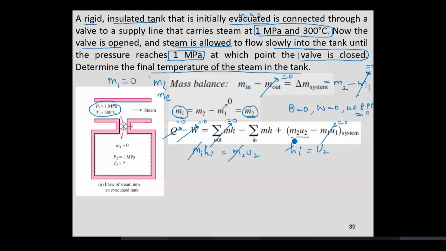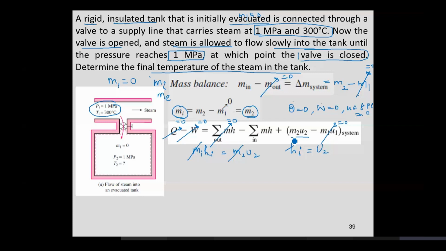So with this assumption, we have U2 and Hi. Enthalpy through the inlet refers to the enthalpy corresponding to 1 megapascal and 300 degrees centigrade. If you go to the steam table, at 1 megapascal pressure and 300 degrees centigrade temperature, you can find the enthalpy.